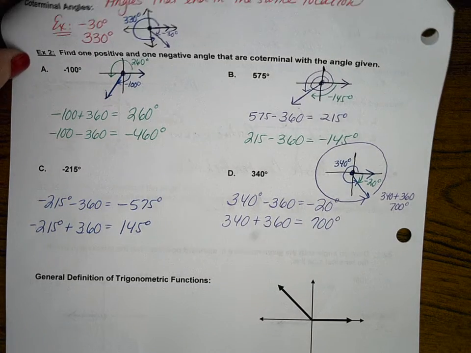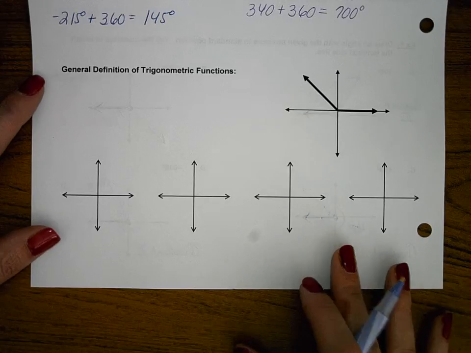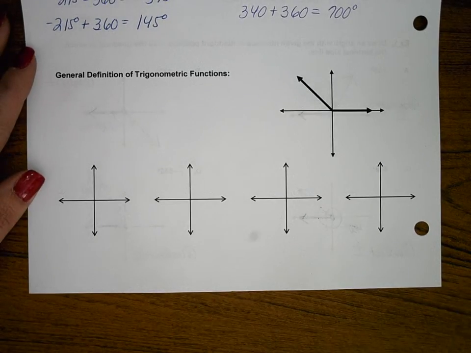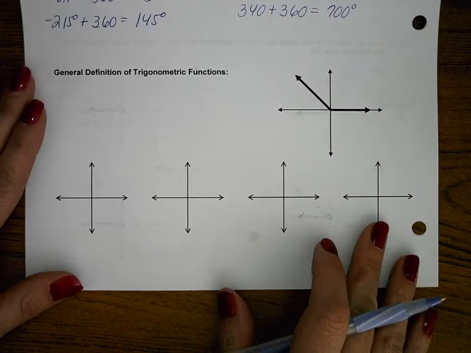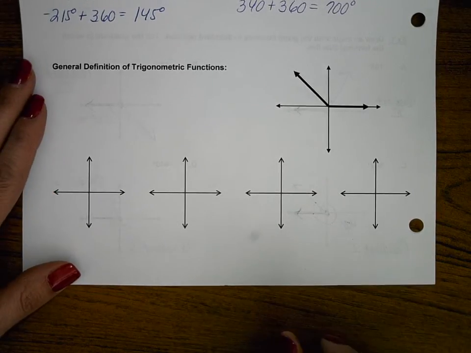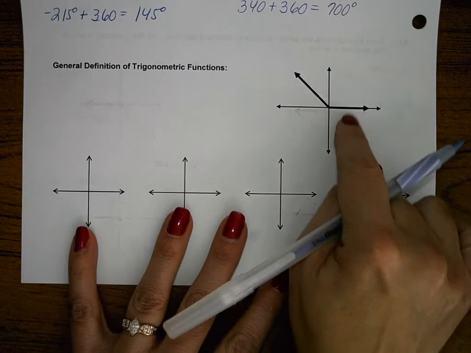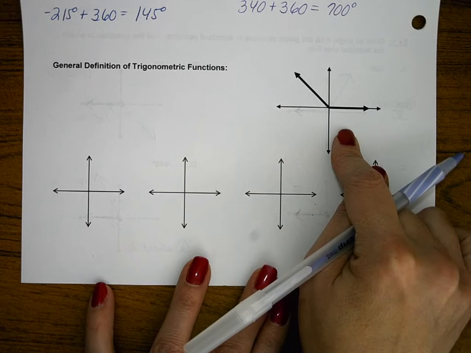Okay, now, looking at how this relates to sine, cosine, tangent, and their buddies. When I am looking at my angles, notice that they drew my angle here in the second quadrant.